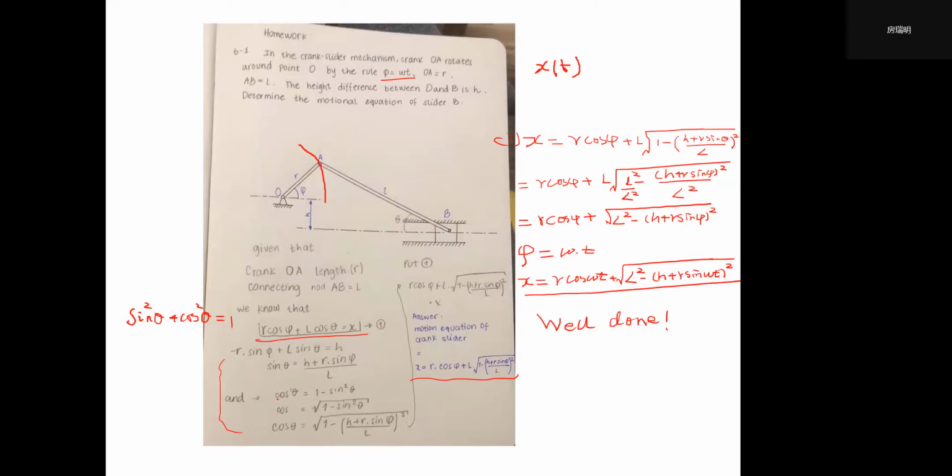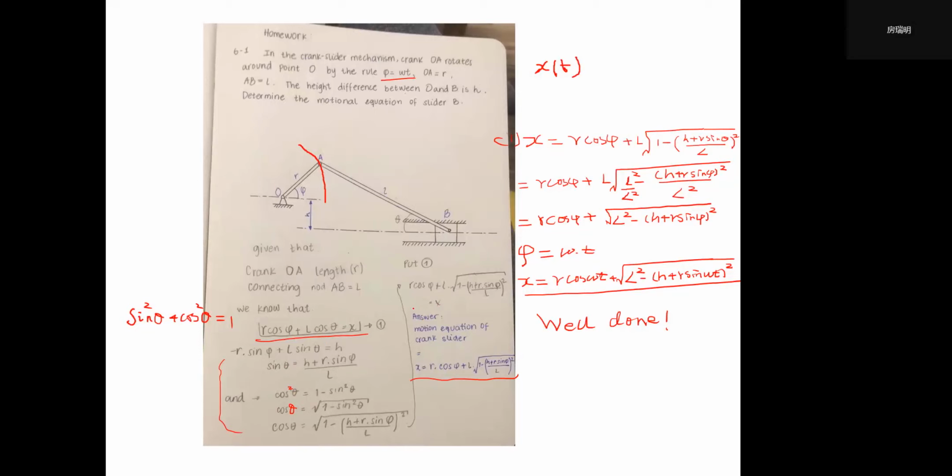So you can see she tries to find cosine theta. So cosine theta equals this, this should be squared. And cosine theta equals this, right? So this is the answer she finds. So x equals R cosine phi plus L times the square root of this.